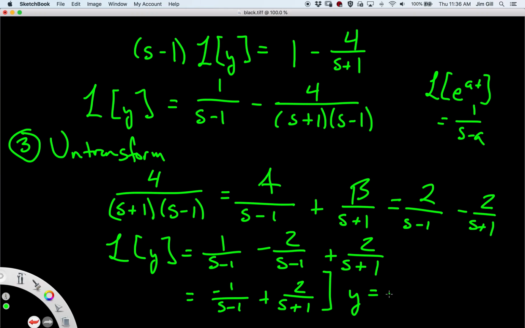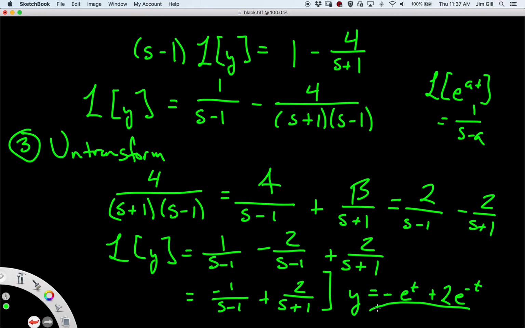First term is negative e to the t because 1 over s minus 1 is the Laplace transform of e to the t. And the negative sign happens because of the linearity property. And then we'll have 2 of whatever function's Laplace transform is 1 over s plus 1. Well, looking at this up here, that is e to the minus t. And we have solved the differential equation.